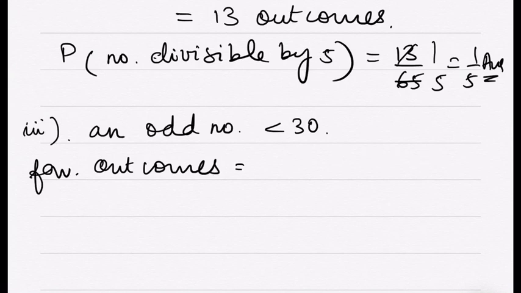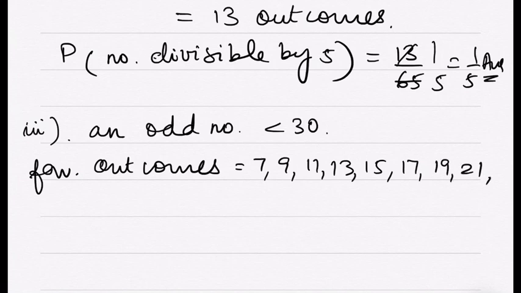So 7, 9, 11, 13, 15, 17, 19, 21, 23, 25, 27 and 29, less than 30. 30 is anyway not an odd number. But suppose if it was 31, then less than means we don't have to include 31 because it is less than 31, so that will be 29 if the question was like that.